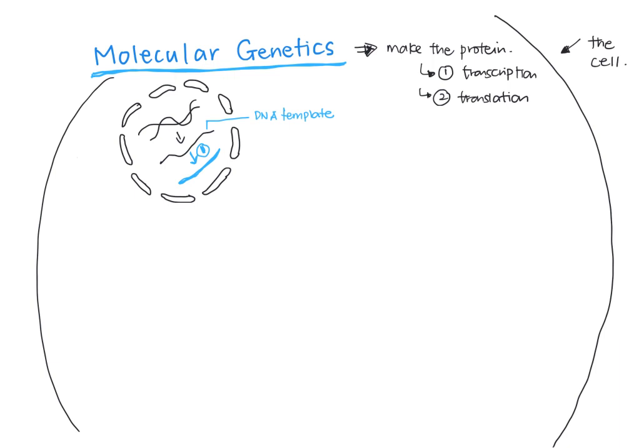After you transcribe the data, on the basis of the DNA template, you will get a new, what do you call that? Hold on, let me change the color so you can see. So you will get to see a new color. This new strand is called the messenger RNA, right?